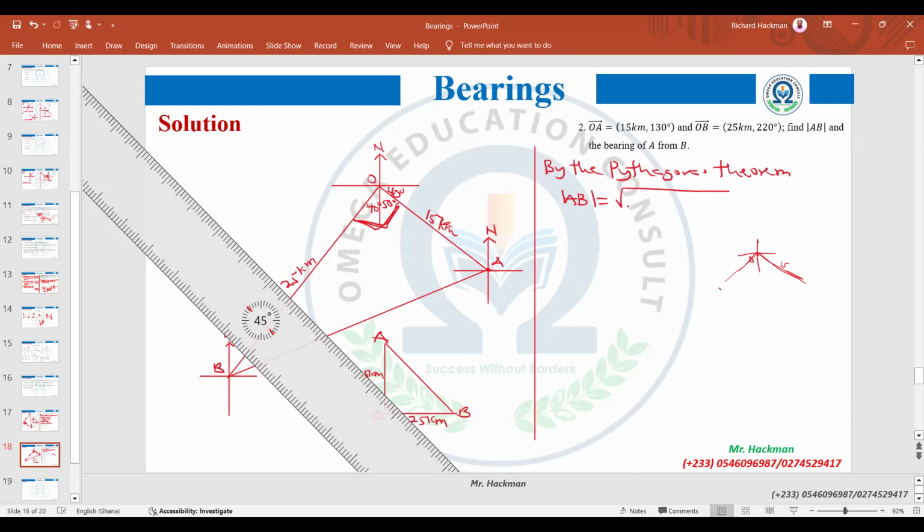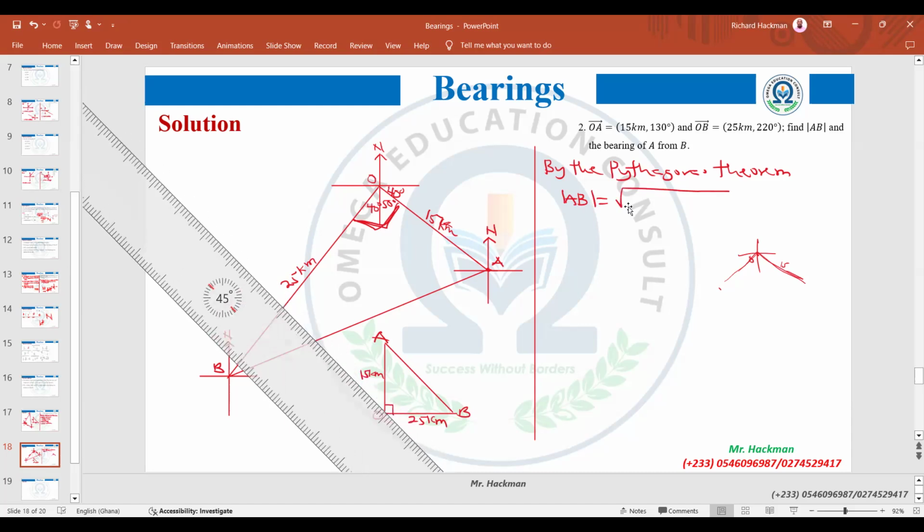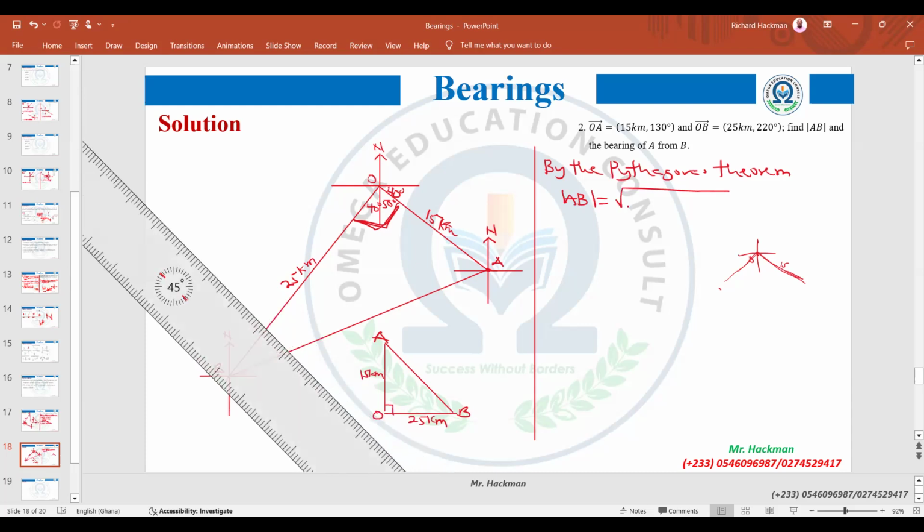The AB here is the hypotenuse, and that should be equal to the square of the other side, 15, plus the square of 25. Continue for me, I'm waiting for your results. So therefore, the AB length will be equal to this one. You are not asked to approximate. After that, we come to the bearings. I am still with you.